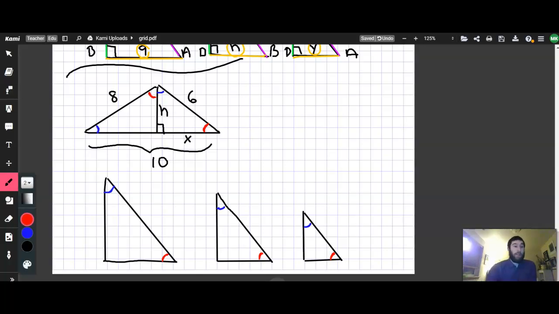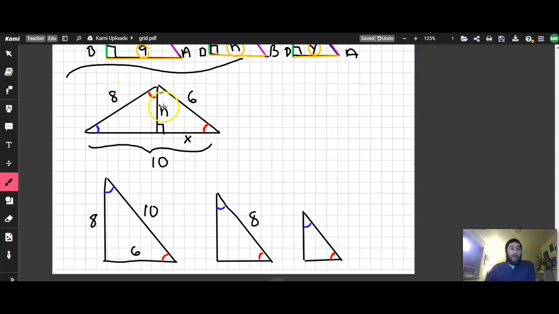In our biggest triangle, x is not a part of it at all. We know that 10 is the hypotenuse. We know that 8 is the side that goes from blue to our 90-degree angle. And we know that 6 is the side that goes from red to our 90-degree angle. Next, in our medium triangle, we have 8 and h. 8 is the hypotenuse between the blue and the red angles.